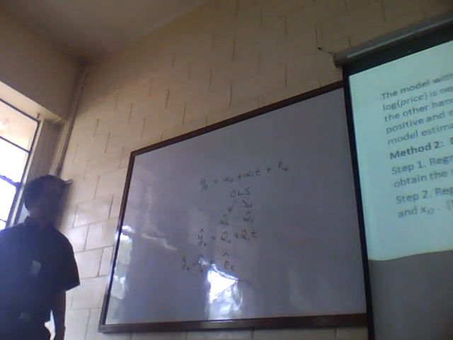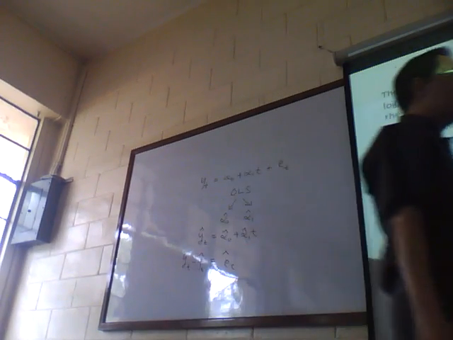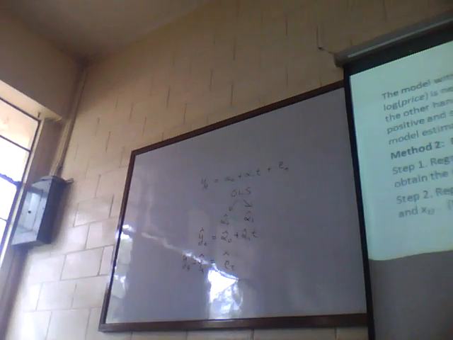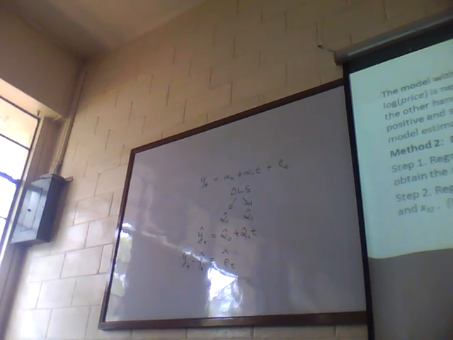Then you do the same thing for x sub 1, x sub 2. So you also make a regression of x sub 1, let's say, as a function of time. Then we have an error term, let's say b1.